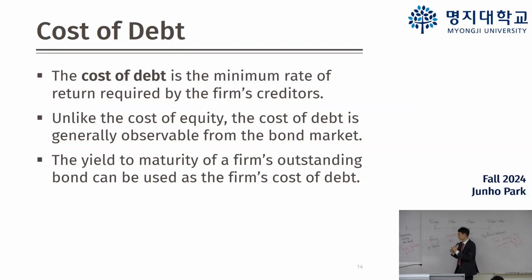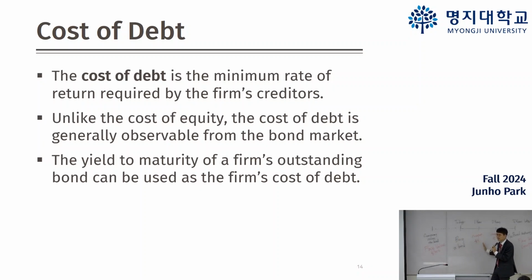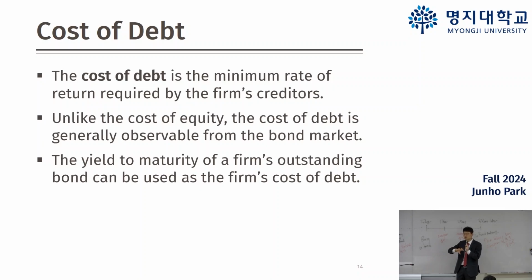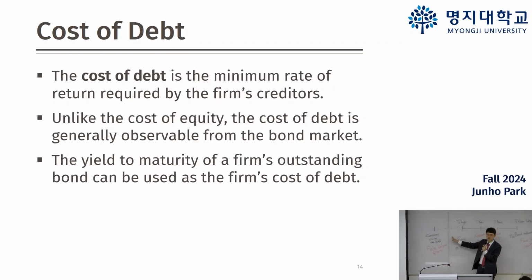In other words, the initial investors can, at some point, decide to get out of this investment, and they want to make it into cash. How can they do it? They can just sell the bond to other investors. So they are traded in the bond market, which means there are sellers and buyers of the same bond. And these sellers and buyers are all investors.